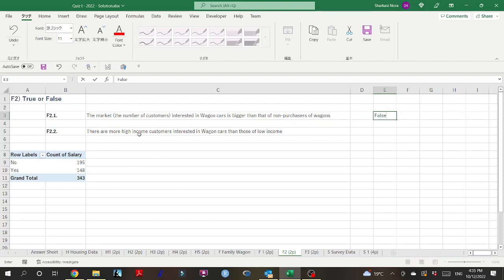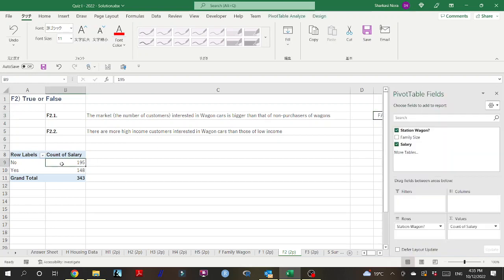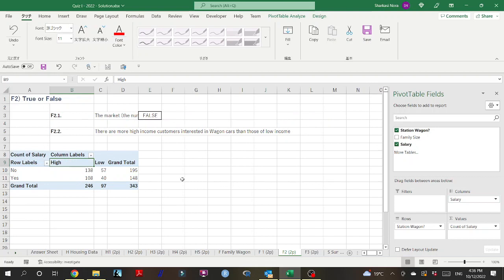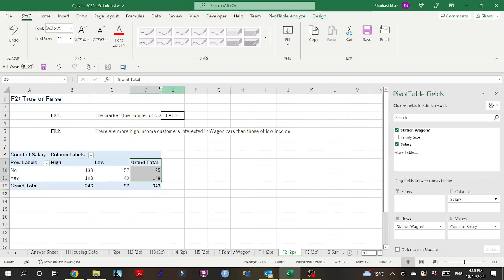Okay, there are more high income customers. Let's take a look at the salary now. Here is the salary, high and low. So the first question can still be answered from the grand total.